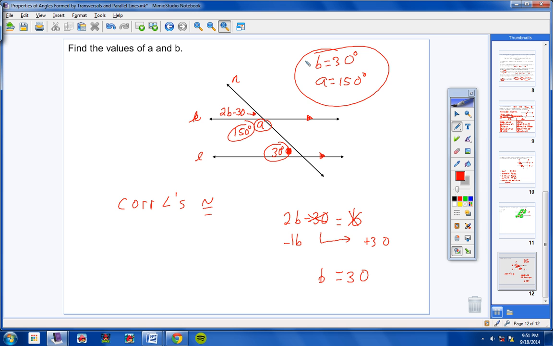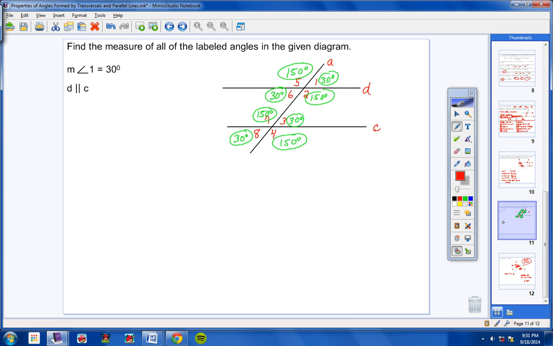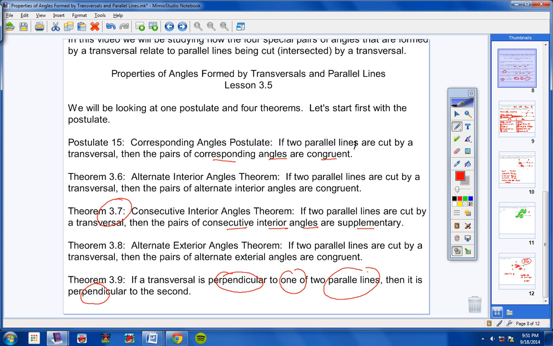Now, the main things that you need to take from this video are the following. Make sure that you understand these 5 truths, 1 postulate and 4 theorems. Make sure you know very well, and can find very quickly, alternate interior angles, alternate exterior angles, consecutive interior angles, and corresponding angles.